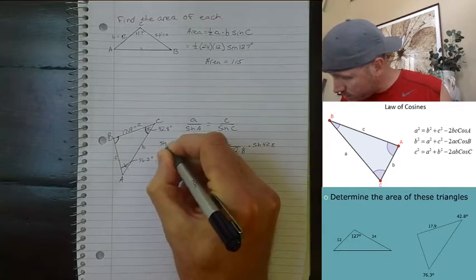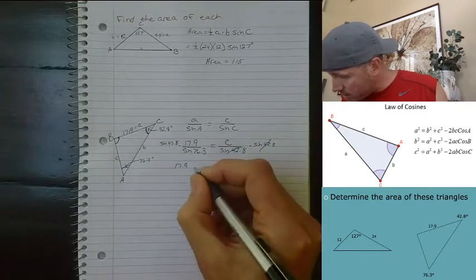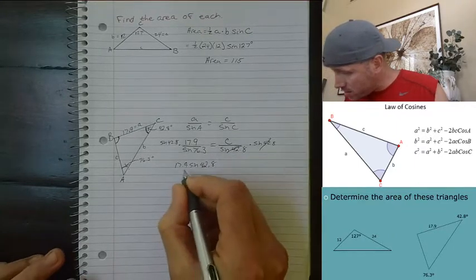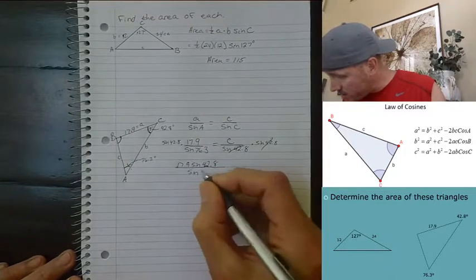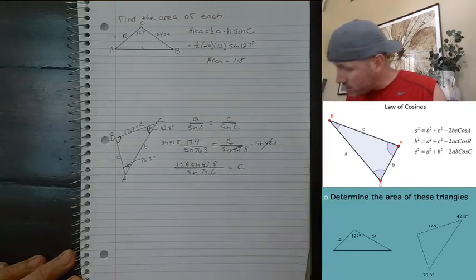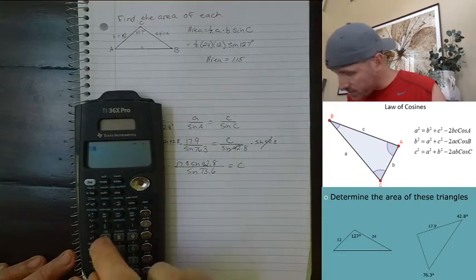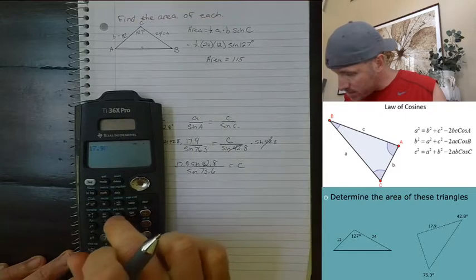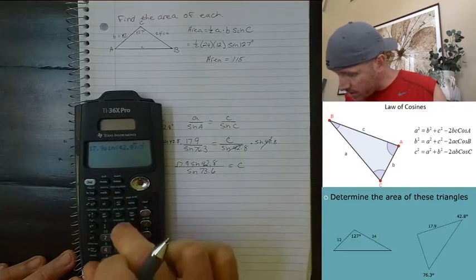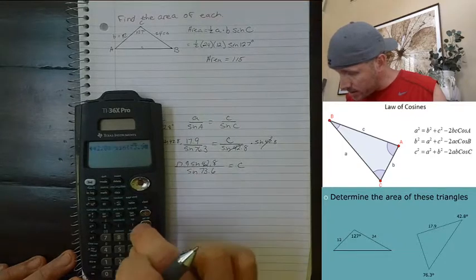Those will cancel out, I'm left with 17.9 times the sine of 42.8, all divided by the sine of 73.6 equals that side C. I've got the little calculator, which goes to 17.9 times the sine of 42.8 divided by the sine of 73.6.